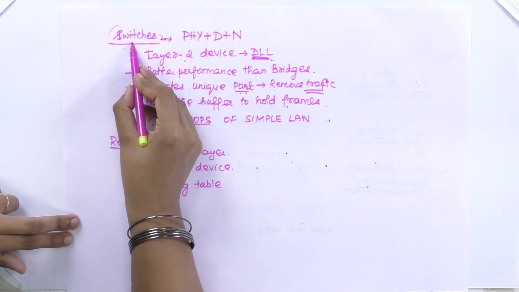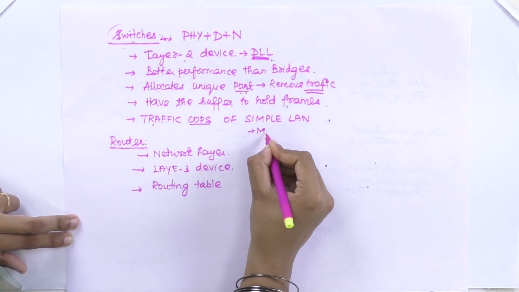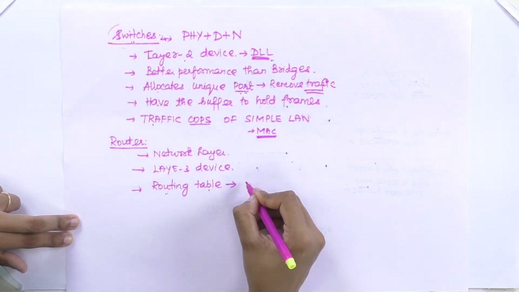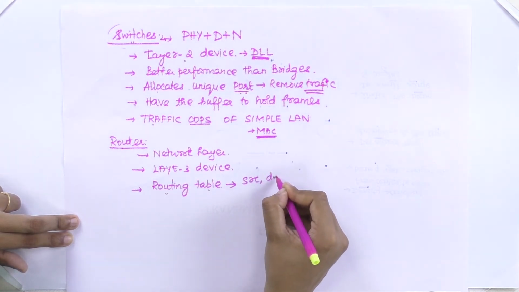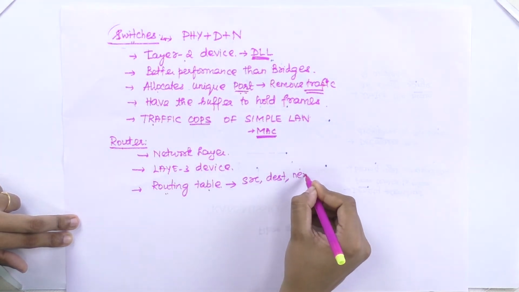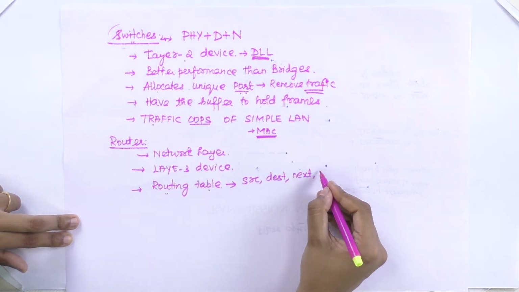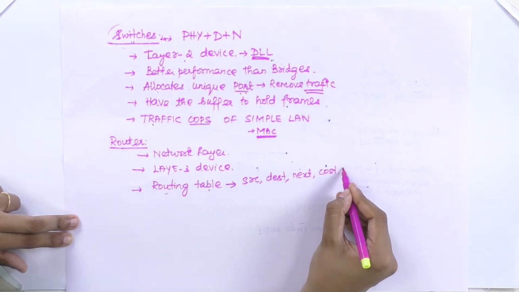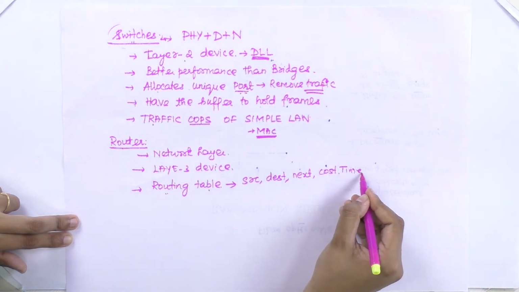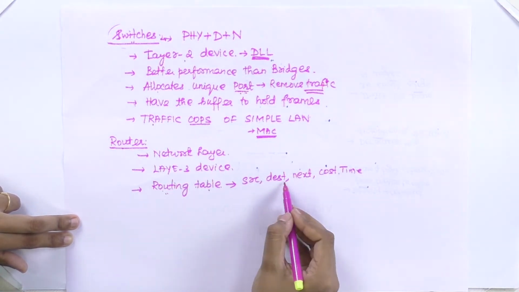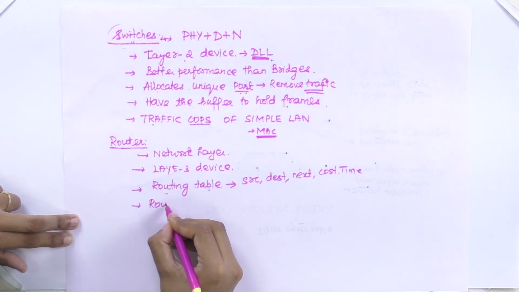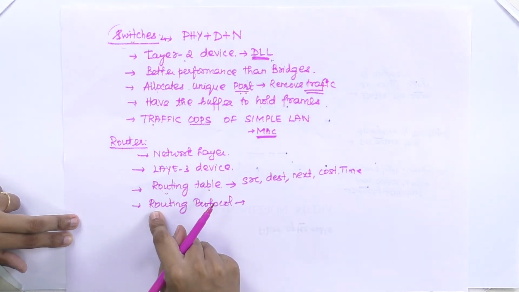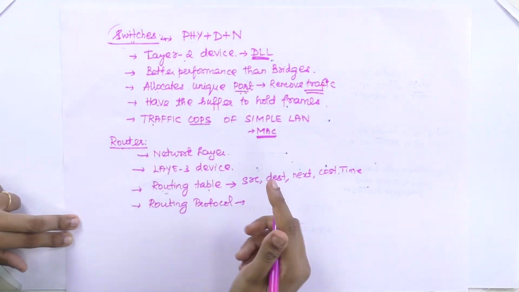In the bridge or the switch we have a MAC table, and here we have a routing table which has all the parameters like source and destination, the next hop you have to visit, and the cost, which means the distance and the time, etc. The routing protocols are involved in this layer. We have already discussed the routing protocols involved in the network layer.